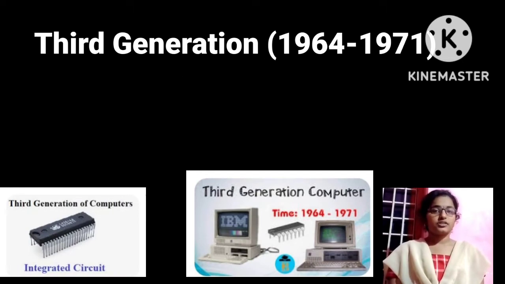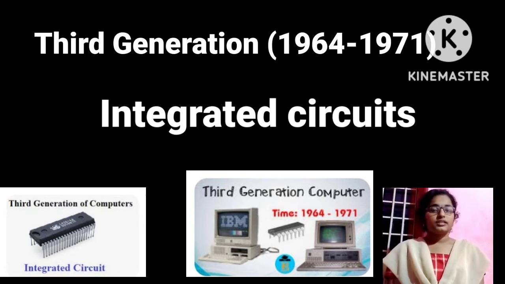After second generation, third generation was introduced, 1964 to 1971, with integrated circuits. In this third generation, integrated circuits were used rather than vacuum tubes. Memory is magnetic disks, which store a few tens of megabytes of data per disk drive.